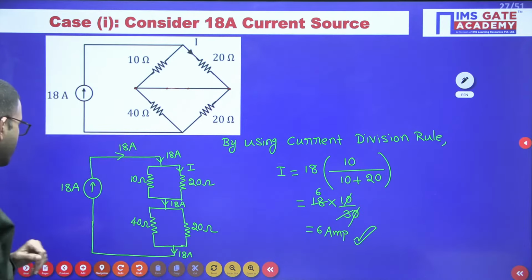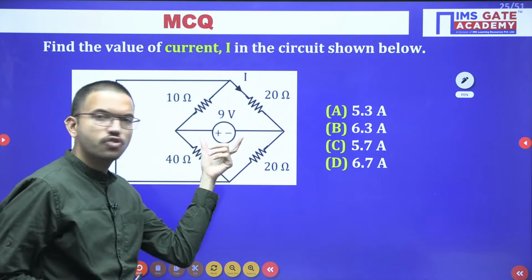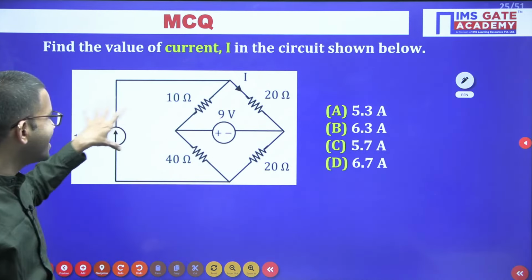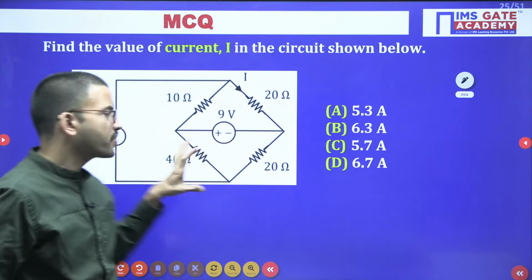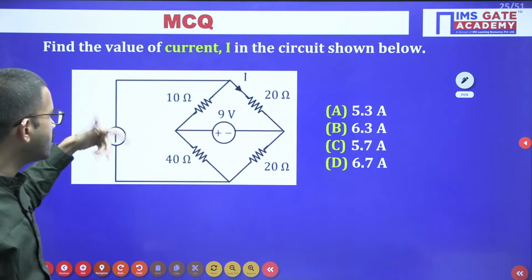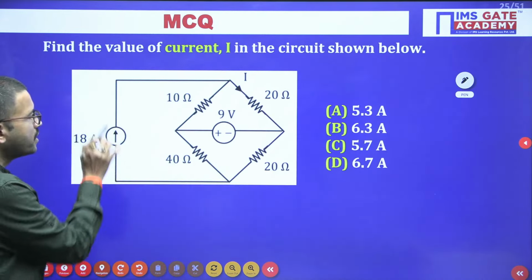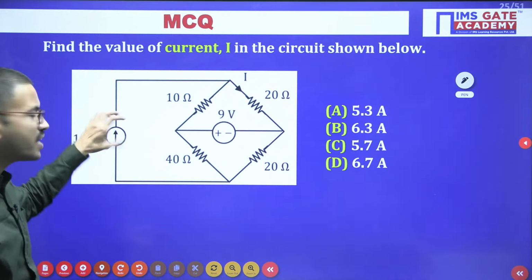Now we have to consider in the given circuit this voltage source and we have to disconnect this particular current source, right? So when you are considering voltage source, the current source we have to make it as open. If you are making current source open, that means in the open circuit terminals, 0 ampere current is flowing. So that means we have not connected this particular current source.